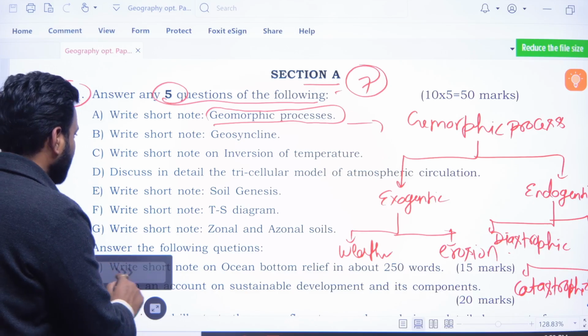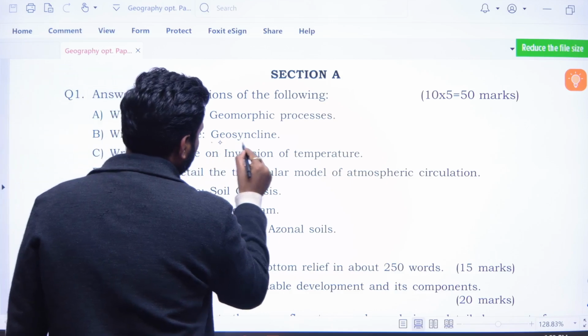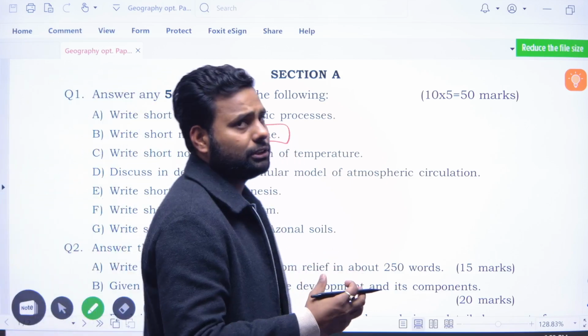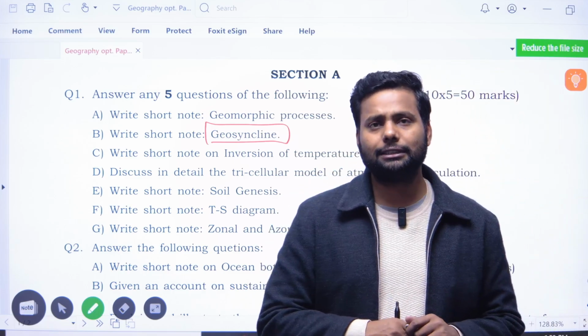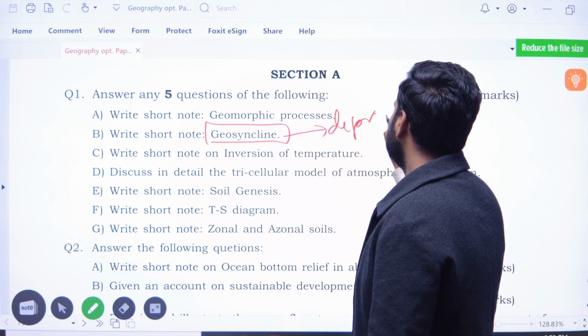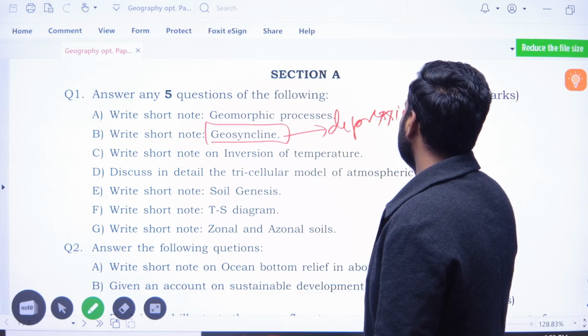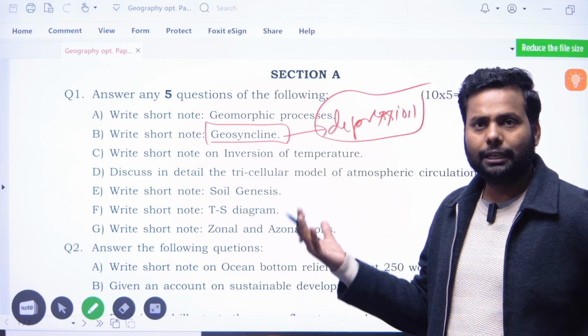We are moving to another question, on the geosyncline. In this question you have to simply break the question: geo means earth, and syncline means depression. Firstly talk about what a geosyncline is.